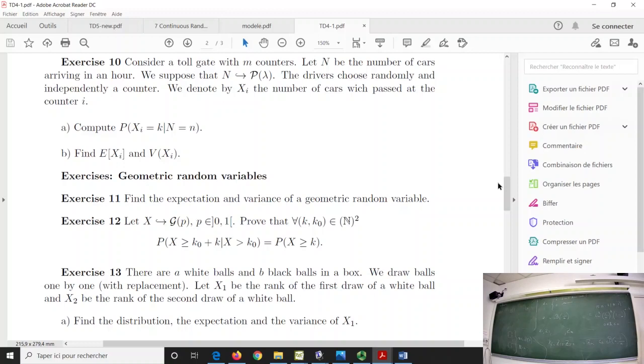Other questions? Yes? Can we consider the number of k according to binomial for large n and small p? No, because I have said nothing about the fact that capital N is big.